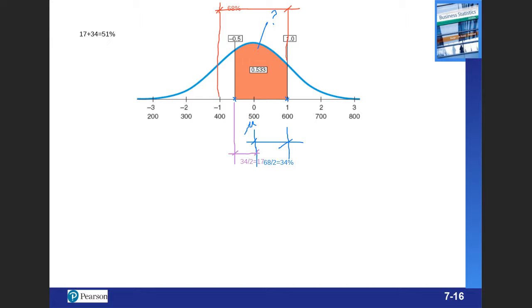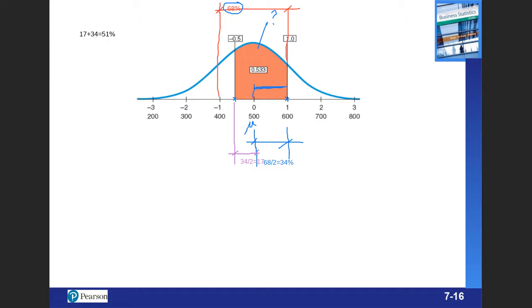So, Karina, did you not understand something? We got half of this based on our empirical rule, right? And so that's the 34%.